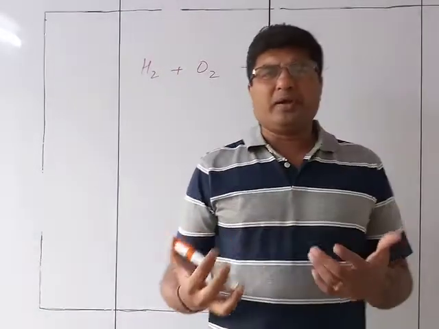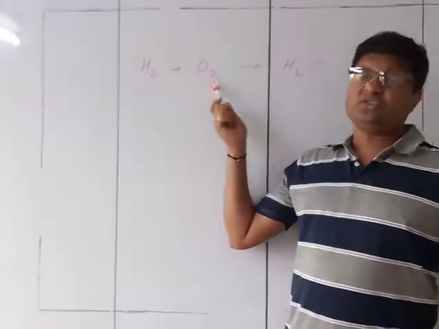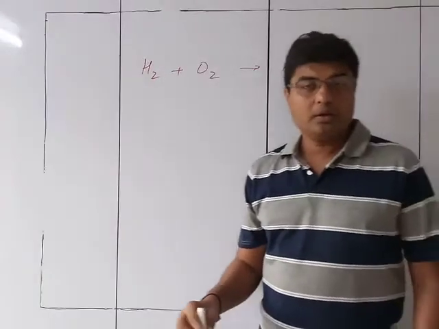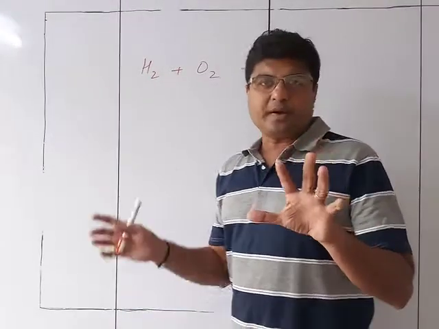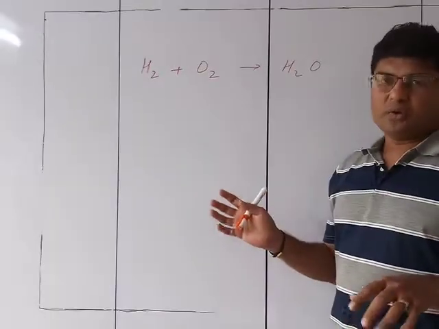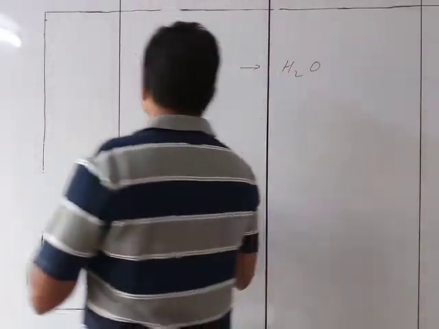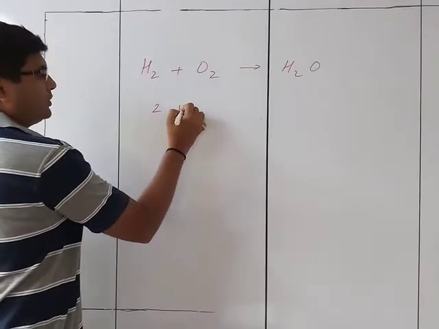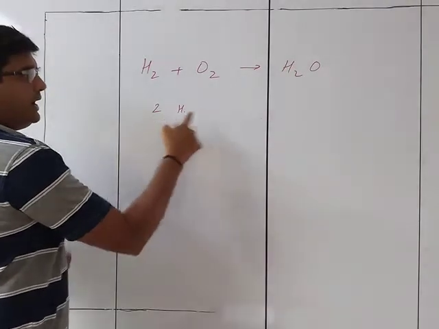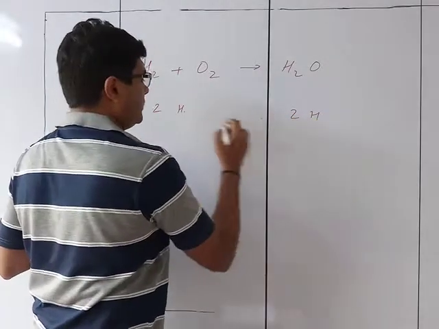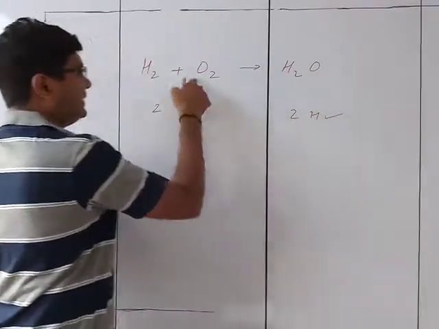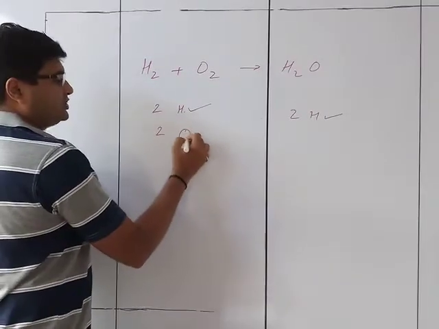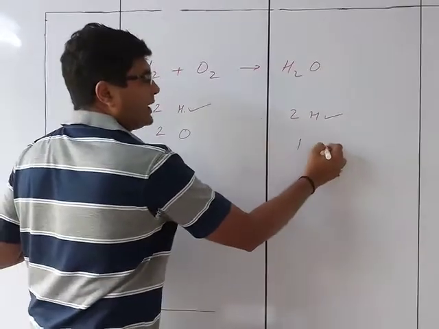Very well, everybody knows that hydrogen plus oxygen is going to give me water. Now if I see this particular equation, I see that there were two atoms of hydrogen over here, and there are two atoms of hydrogen over here, so there is no problem. But here there were two atoms of oxygen, whereas there is only one atom of oxygen over here.